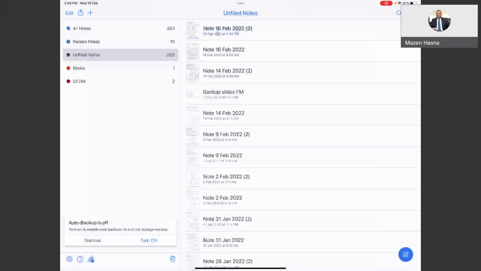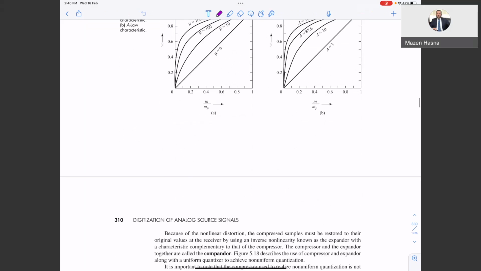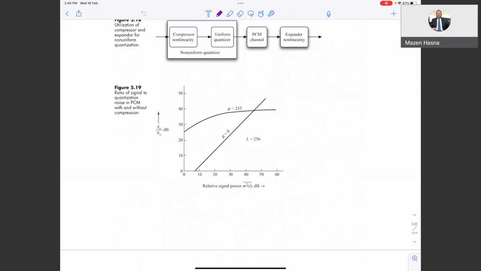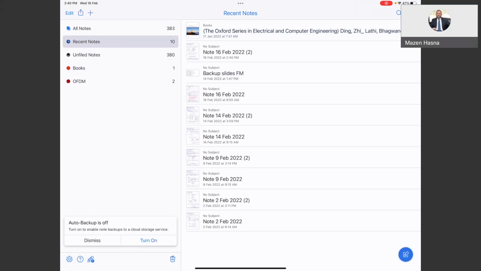So if we look at the resulting SNR, I think in the book this is what you will get. Let me show where it is.